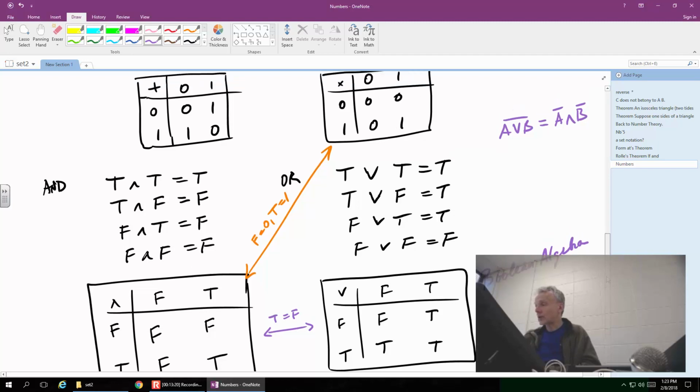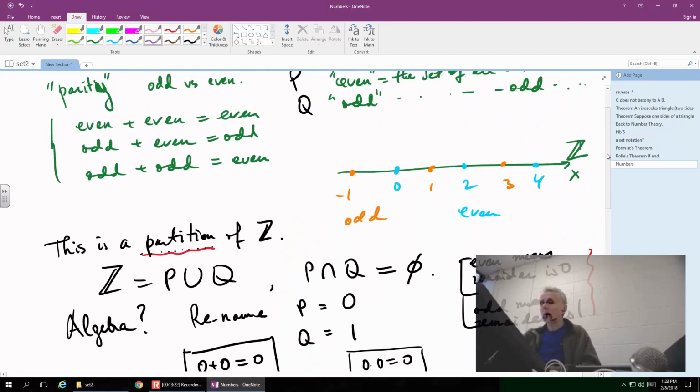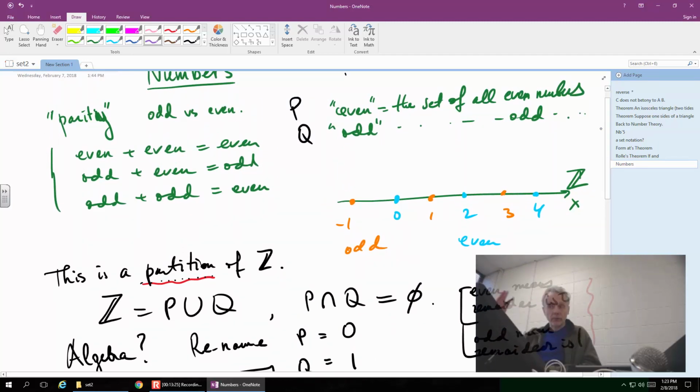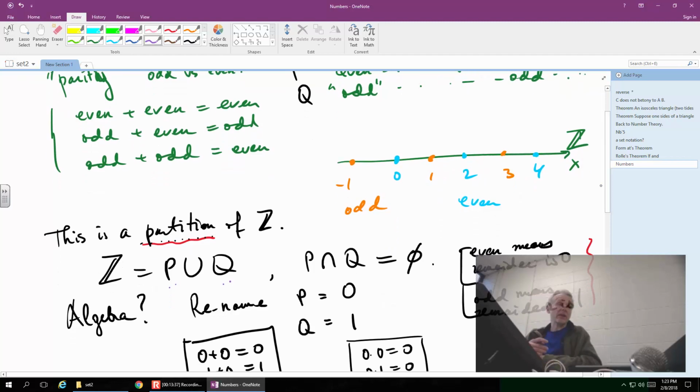We just did it over here. We have infinitely many numbers, but then we split them into two, odd and even, and then we're treating this P and Q as if they are quantities themselves, or at least they are not sets as such anymore. They are elements of a new bigger set.